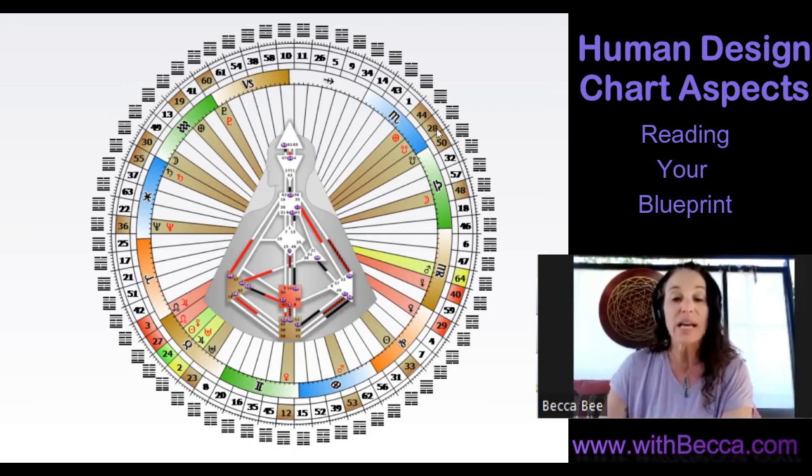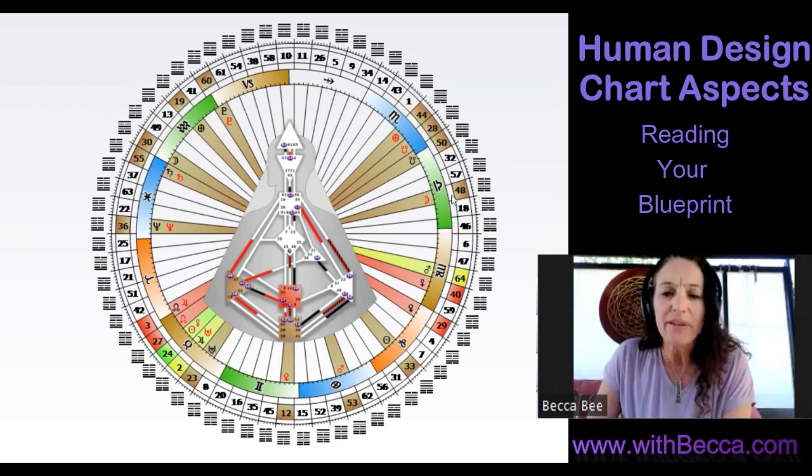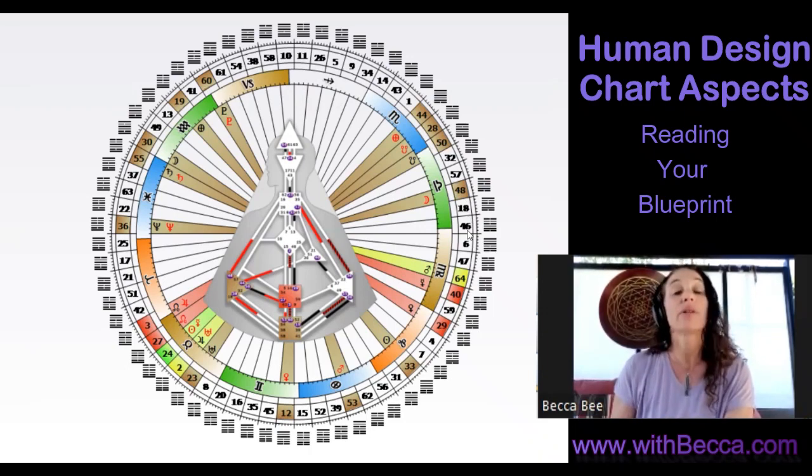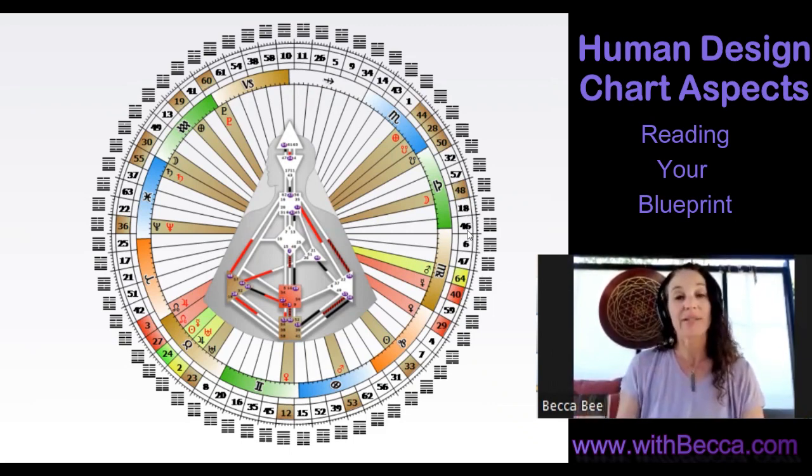For instance, if you look at Libra on the chart, Libra is going to have the gates 50, 32, 57. It's going to have 48, 18, and 46. These are always going to be the gates that relate to Libra. Every single astrological sign has its own set of numbers, and these numbers are the gates.